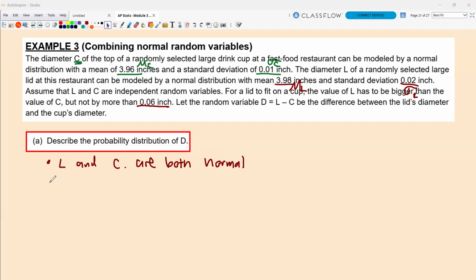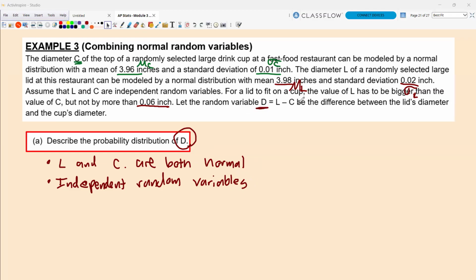They're also independent, meaning one does not affect the other. And they're random variables. Because both of these are true, we can then say the probability of D is going to be true.